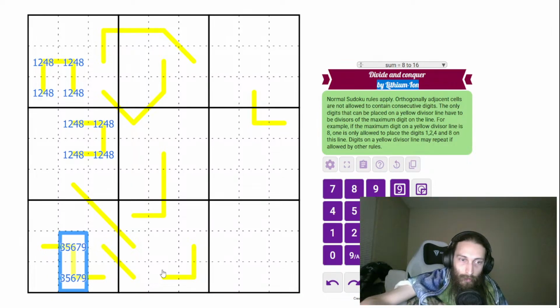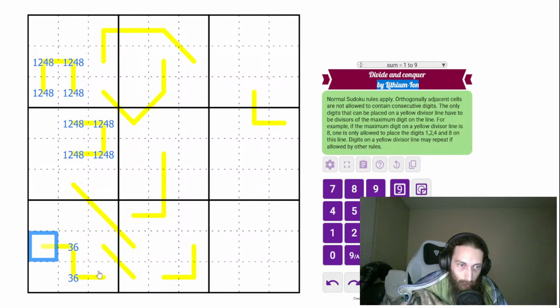5, 7, and 9 don't work for the same reasons they didn't work in the other 2 4s. So it has to be 6 with a 1, 2 pair.